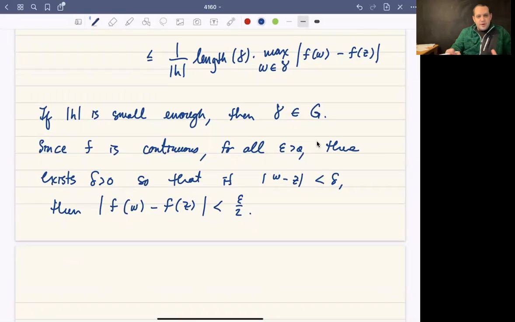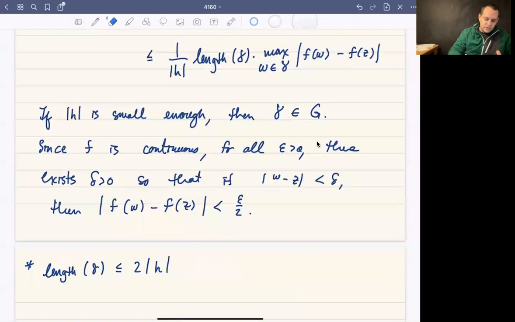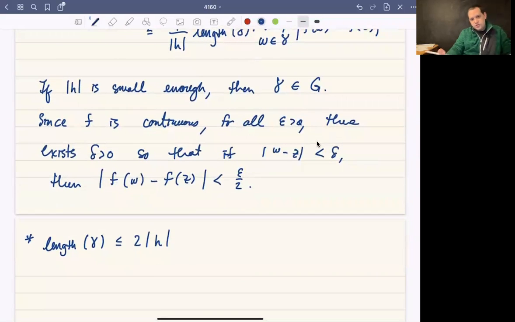I also want you to think about the following fact, that the length of gamma is always going to be less than or equal to twice the modulus of h. h is going to be the distance between z and z plus h, and you can always choose gamma so that its length is less than twice the distance between the two points.